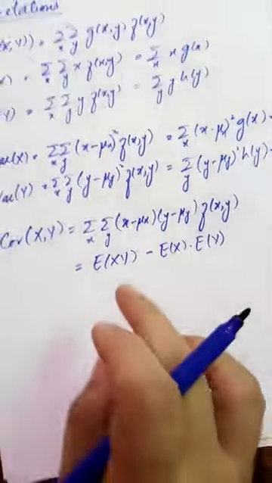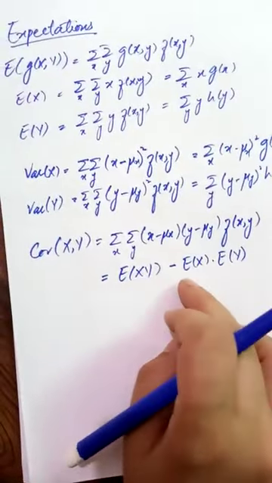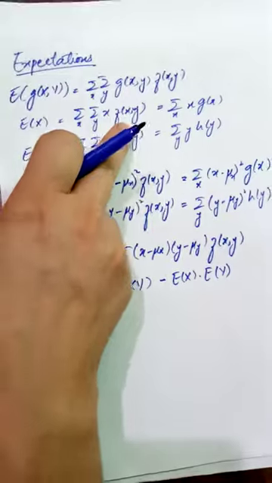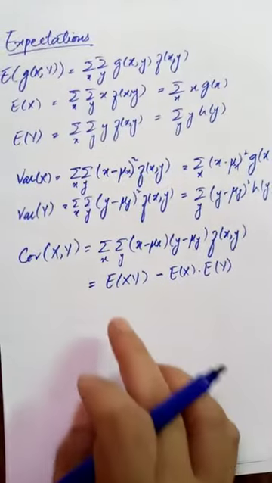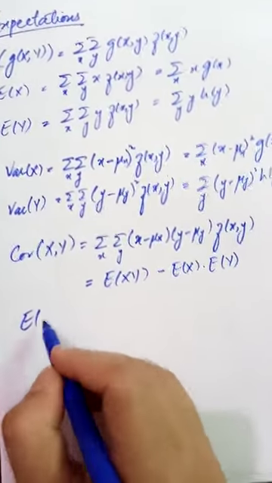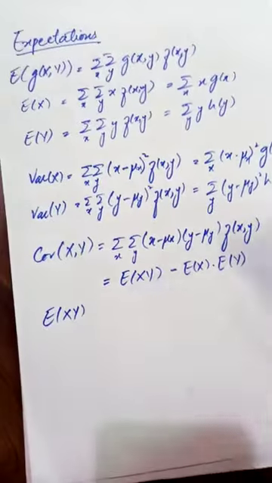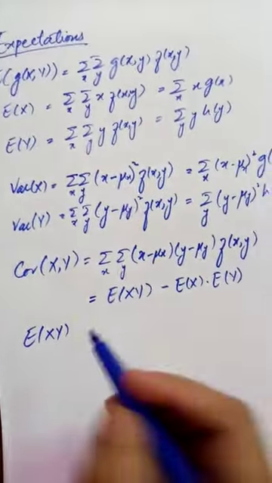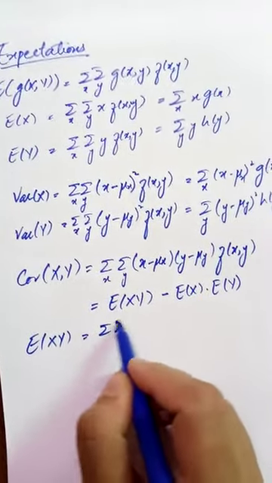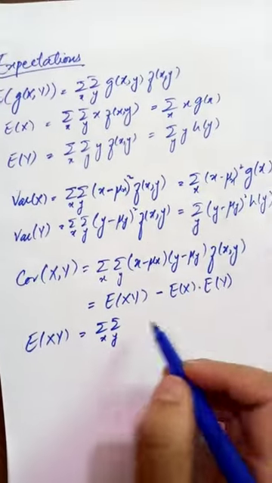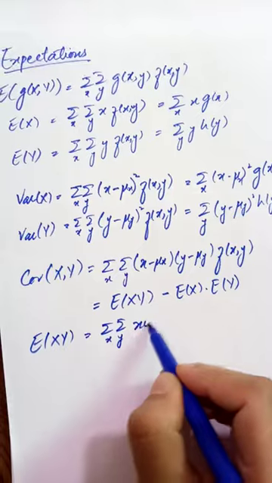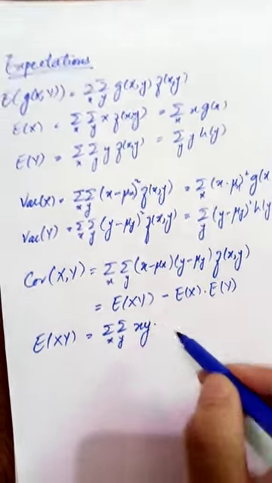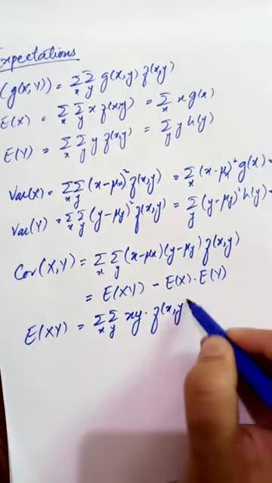We know the expected value of x and the expected value of y; we have discussed them earlier. Now what is the expected value of xy? We simply replace g of xy by x into y. So we get a summation, one for x, one for y, of xy into their joint density.